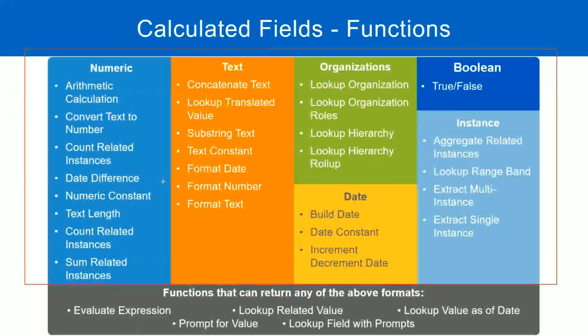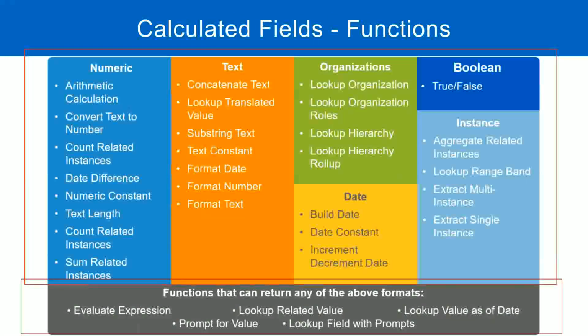But there are some functions which can be configured to return any of the above types or any of the above formats, right? So those are the ones at the bottom of your screen, okay? Let me highlight them. So these are the ones that can return any type of output.